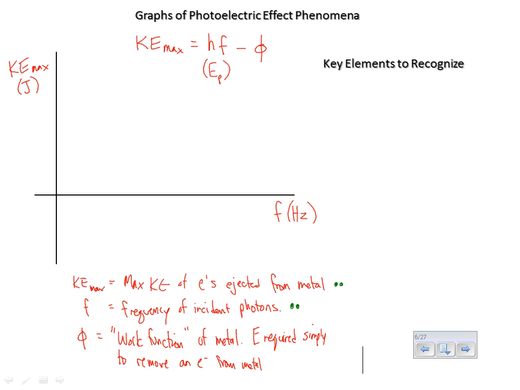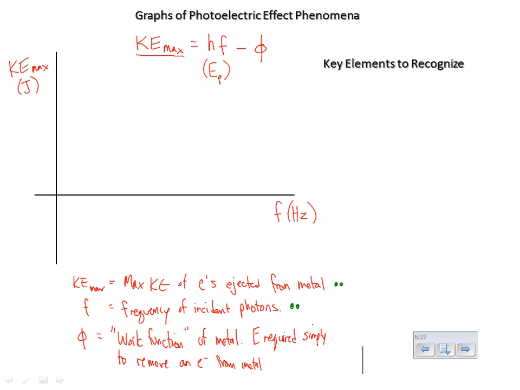So if it takes 2 electron volts of energy just to get an electron off of a metal, we have to add a photon of at least 2 electron volts in order for an ejected electron to end up with any kinetic energy. And so these graphs look like this.